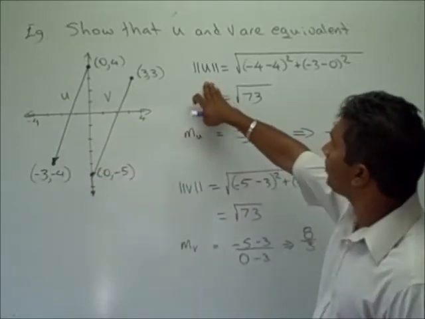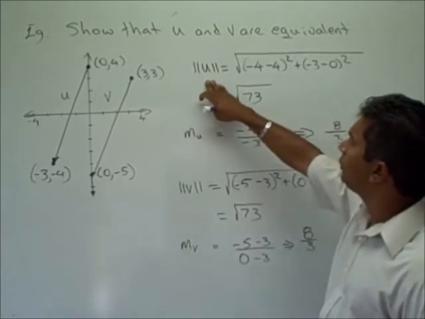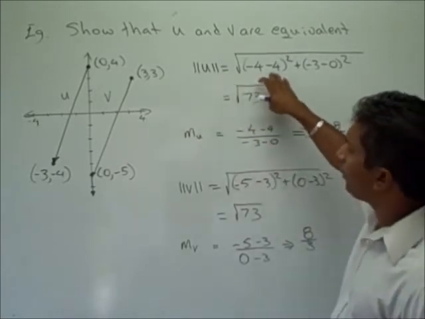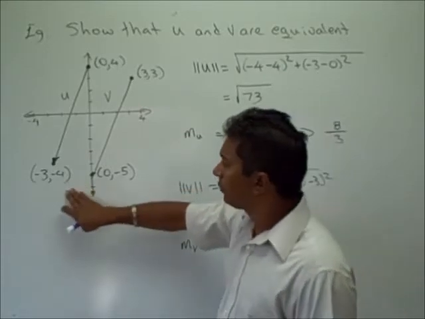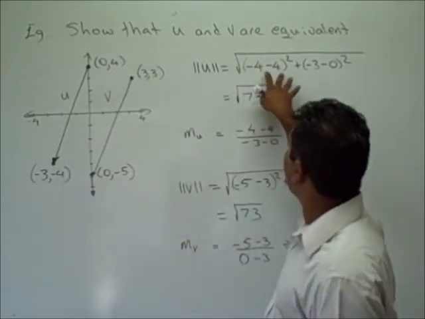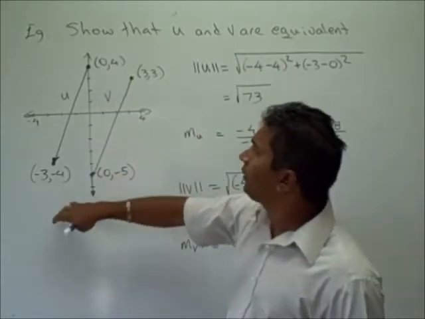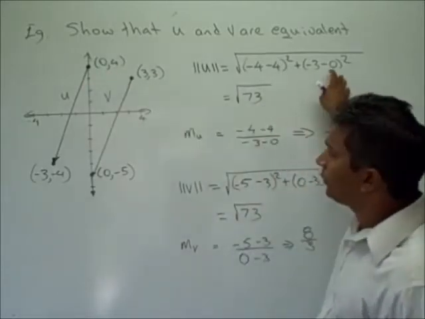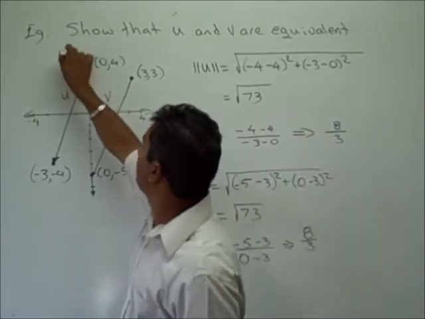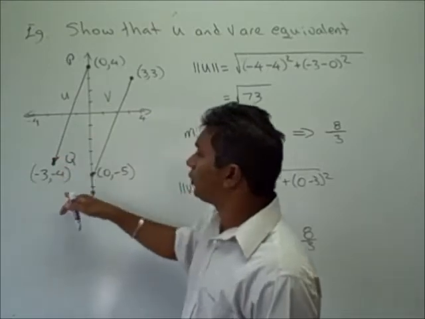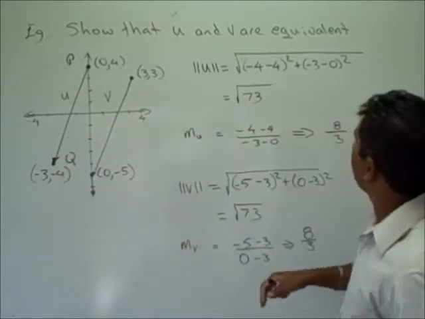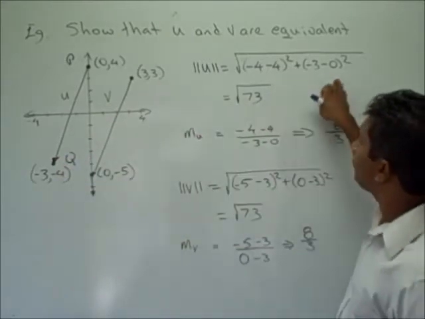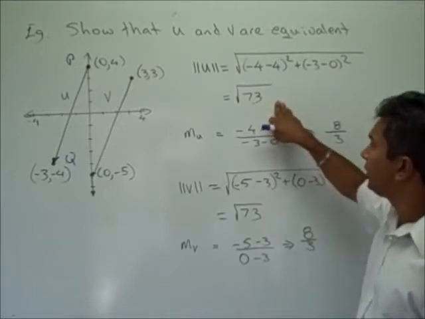Going back to our formula, the magnitude of u will be equal to the square root of -4 minus 4 all squared plus -3 minus 0 all squared. Remember, this is our P and this is our Q, so it's Q minus P. Once we simplify, this becomes the square root of 73.